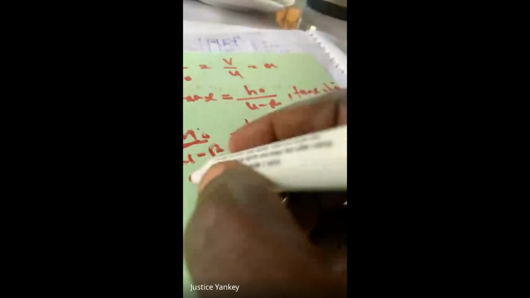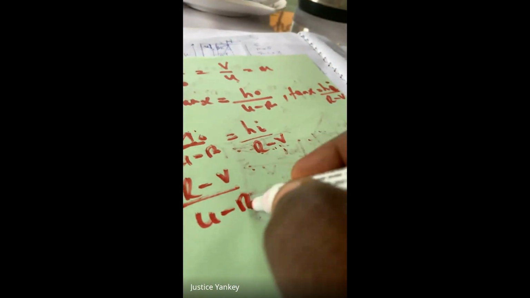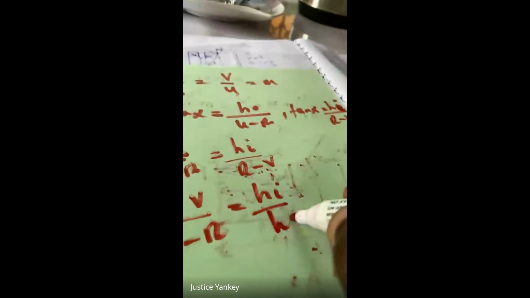What I'm going to do next is mathematics. It's not physics. I'm going to send this one, the denominator here, up and bring the height of object down. When I do so, I'm going to get R minus V over U minus R equals HI over H naught.